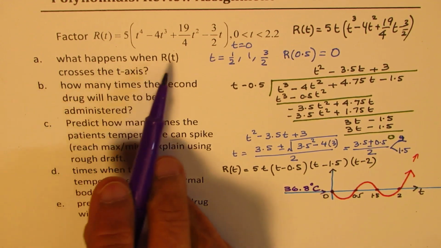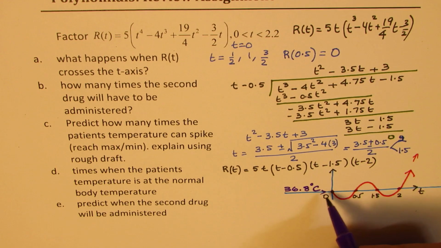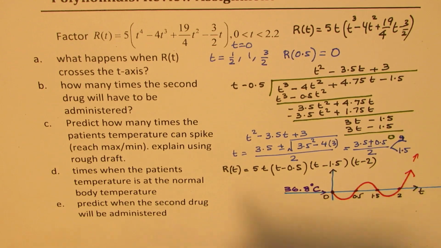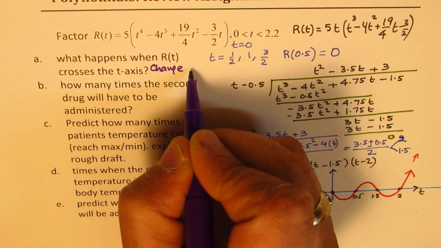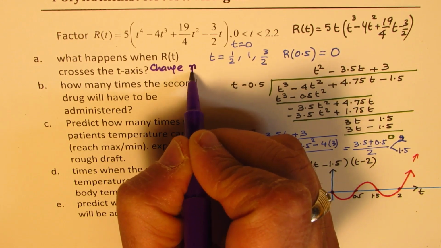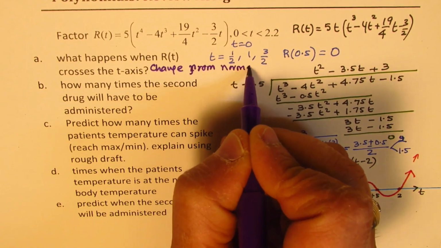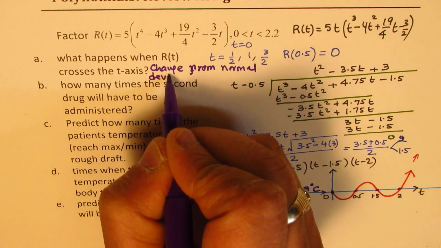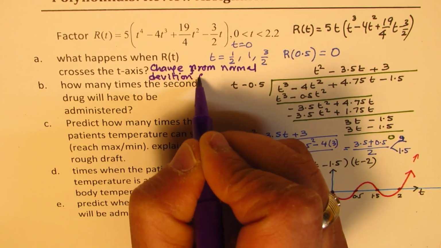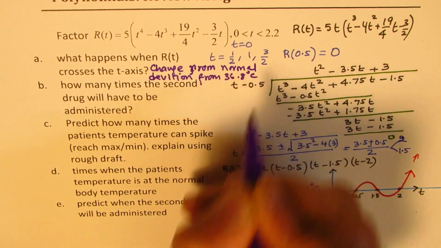So it says what happens when r of t crosses t. It means that body temperature changes. Either it decreases from normal or it increases, right? So there is a change. Let me write change from normal. Or you could also say deviation from 36.8 degrees Celsius.